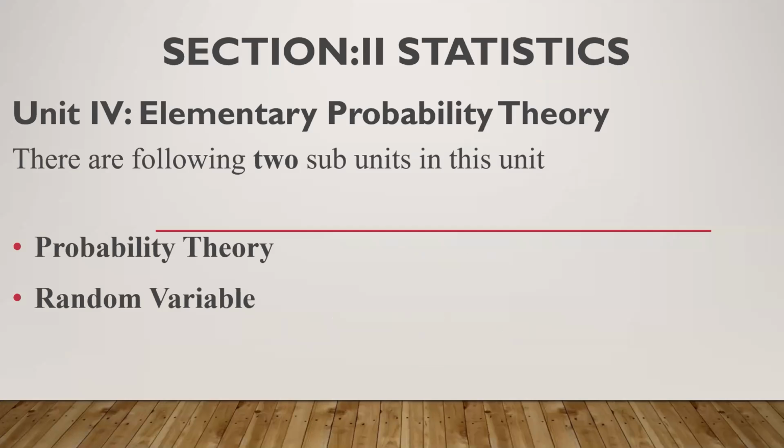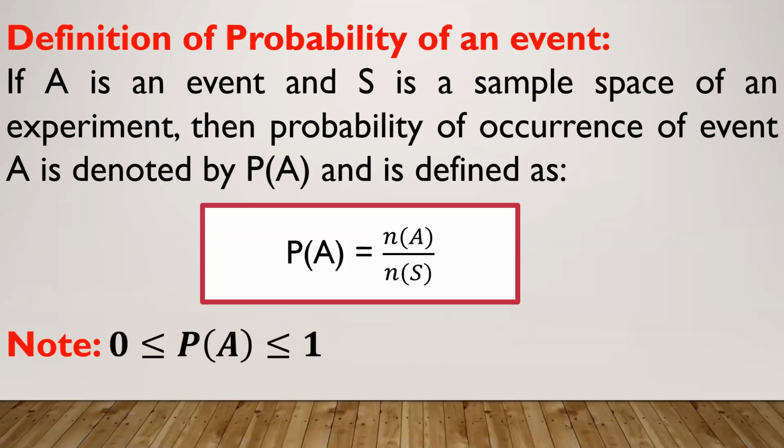We have started with probability theory. The definition of probability, that is probability of an event, is number of points in A divided by number of points in the sample space S. That shows that whenever you have to solve a problem to calculate the probability of an event, you must always, first of all, find out what is the sample space and how many points the sample space has.